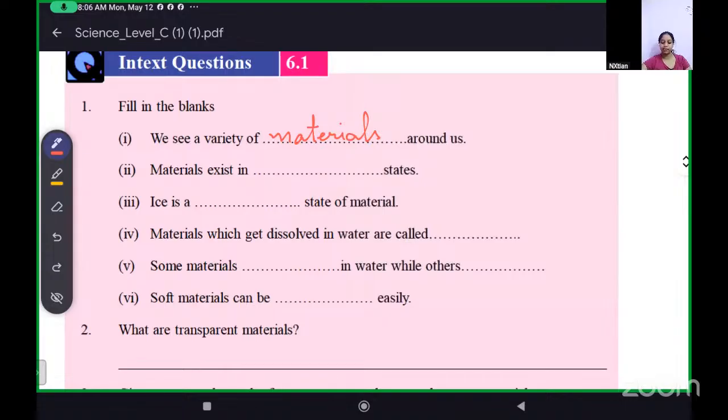Yes, Abraham. I have a question about the hard and soft materials. Ma'am, a point is that a solid is considered a solid because it cannot be compressed easily. And now you're saying that materials that can be compressed are called soft materials, and materials that cannot be compressed are called hard materials.